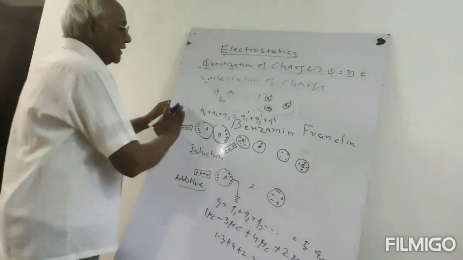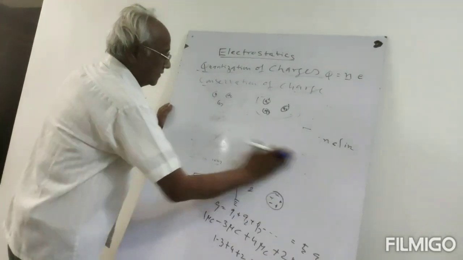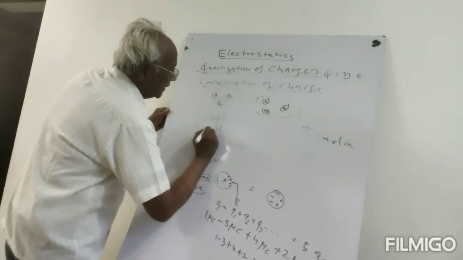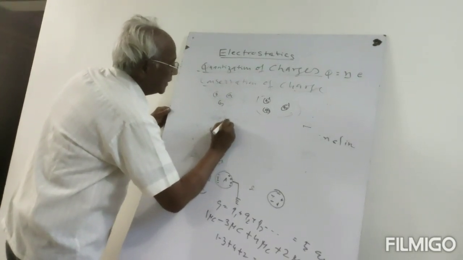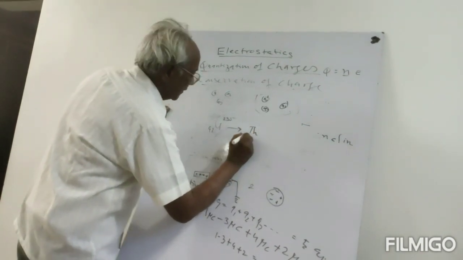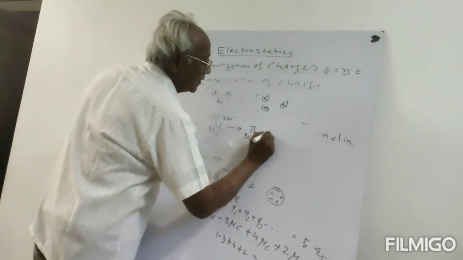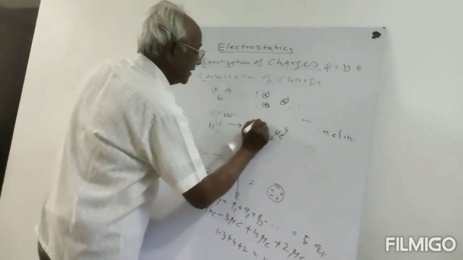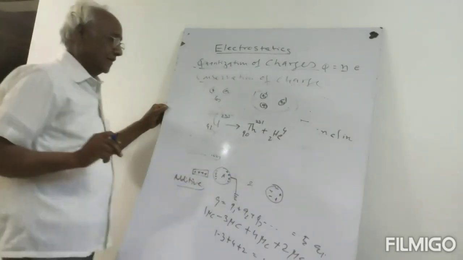We can also give the example of uranium 235 with 92 protons, when it decays to thorium 231 plus an alpha particle, helium 4 with 2 protons.